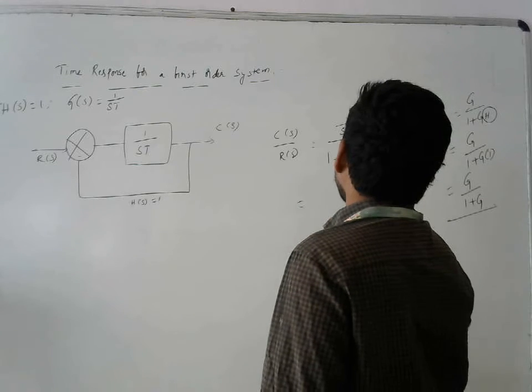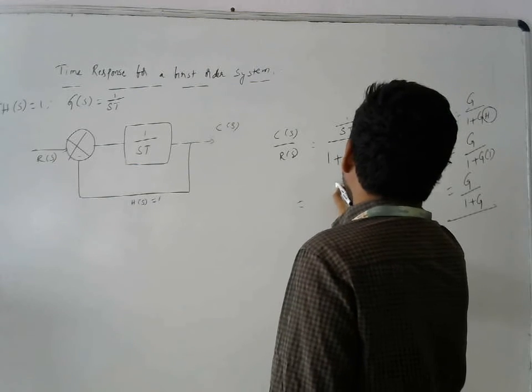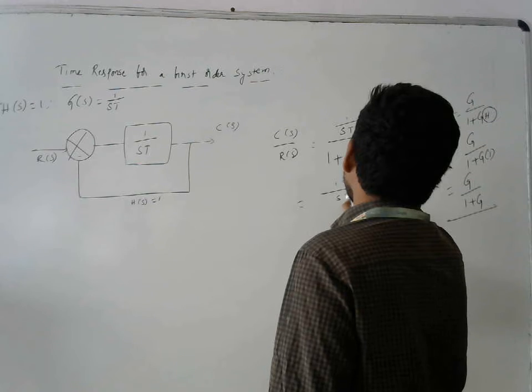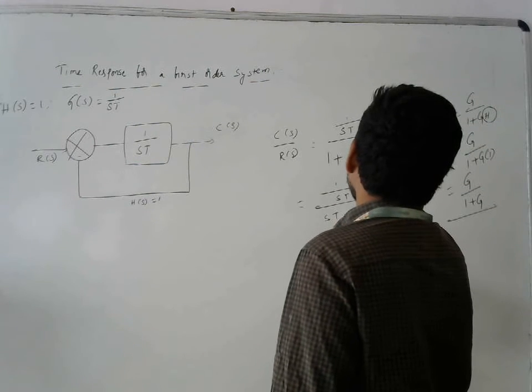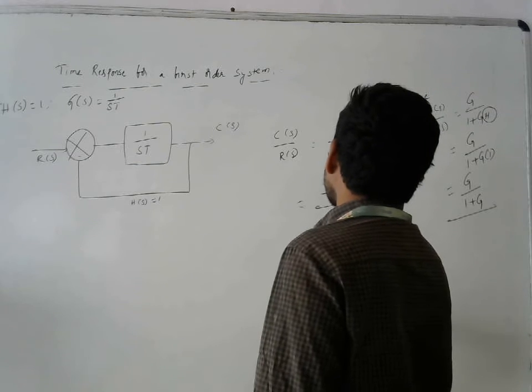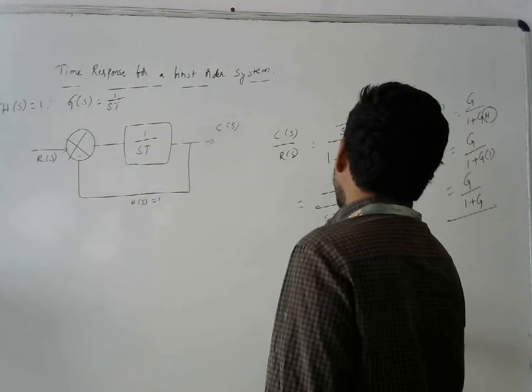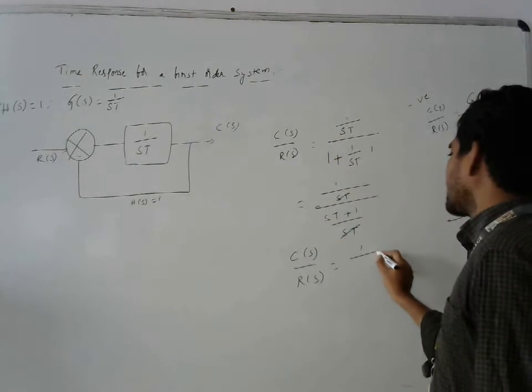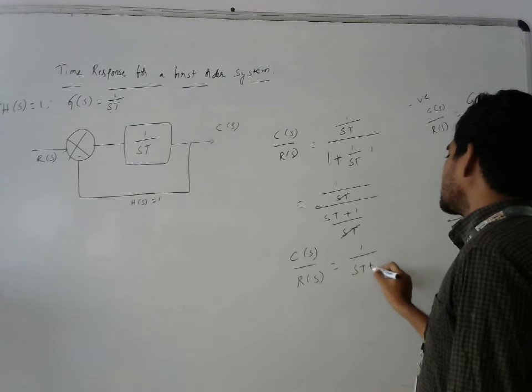If I simplify, we get 1 divided by sT, whole divided by sT plus 1 by sT. The sT cancels. That means C of s by R of s is equal to 1 by sT plus 1.